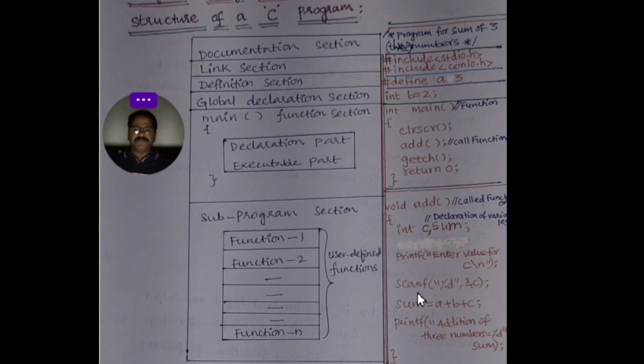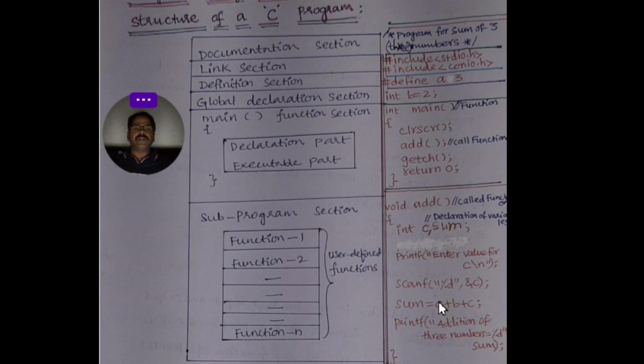Next, scanf is used to read the values through the keyboard. Here %d is the format specifier for the integer data type, for c. We store the value at a particular location in memory. That's why we use ampersand. Ampersand refers to the memory location. Next, sum is equal to a plus b plus c. You see here, a value I defined as my own value, 3 for a.